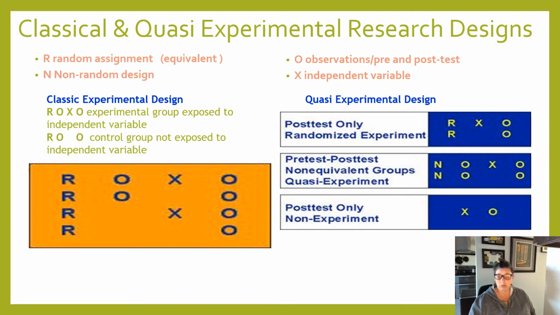Now on this one you have non-random assignment. You have your pretest, your independent variable, and your post-test. So this can happen if it's not ethical or not possible to randomly assign people. So say for example you have groups of students in a class, and they want to be involved in a program, or your independent variable is a program to help you get into college.